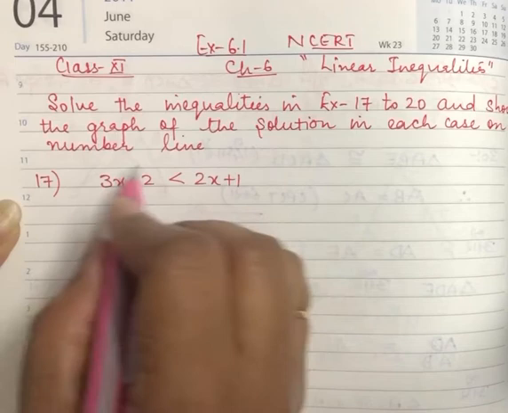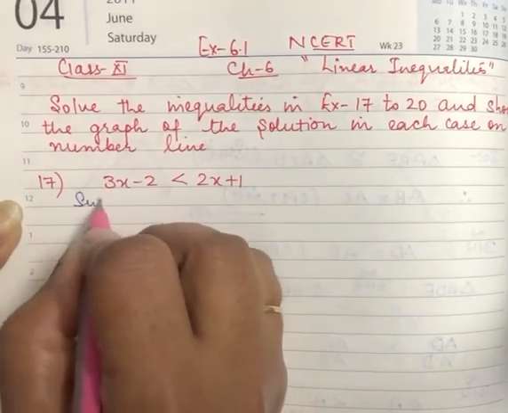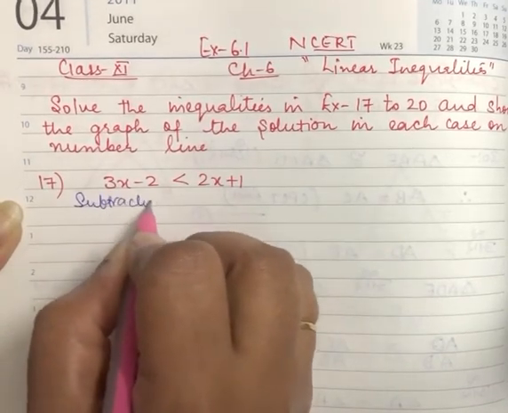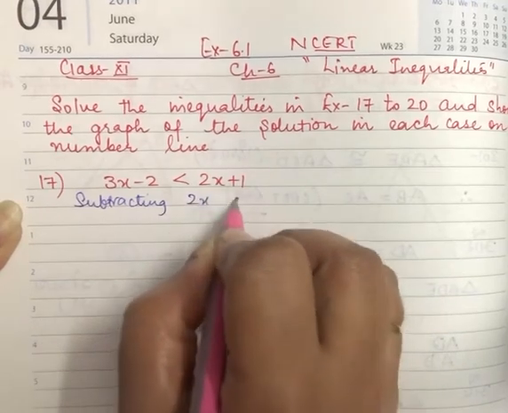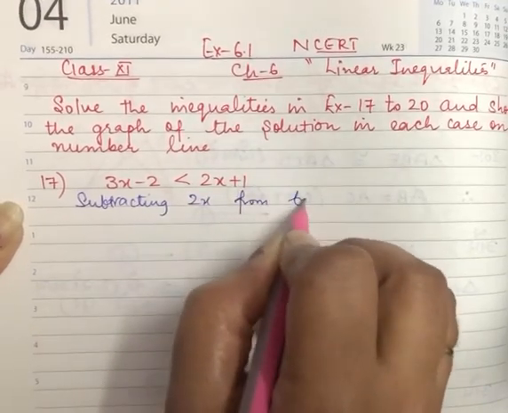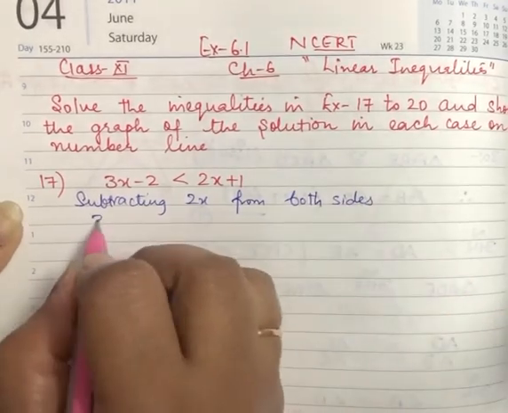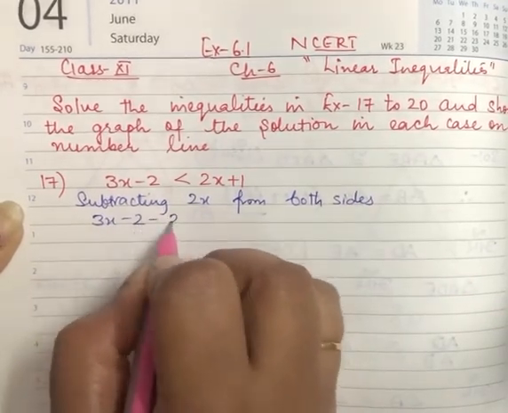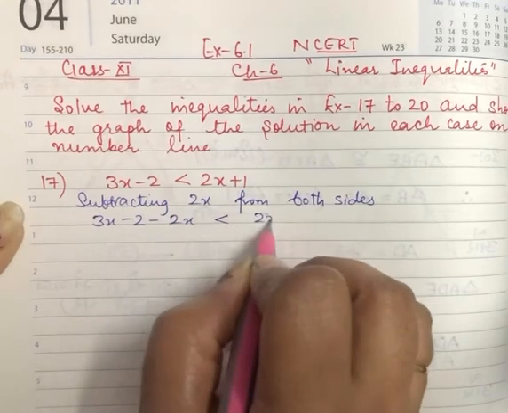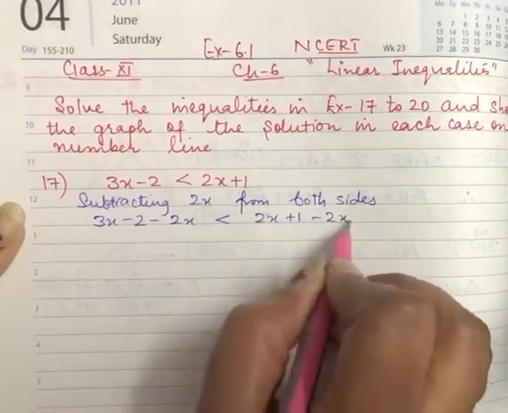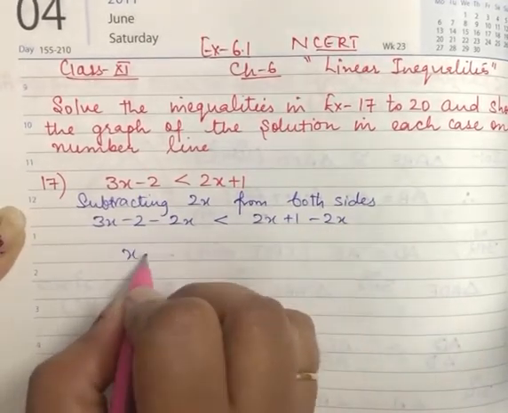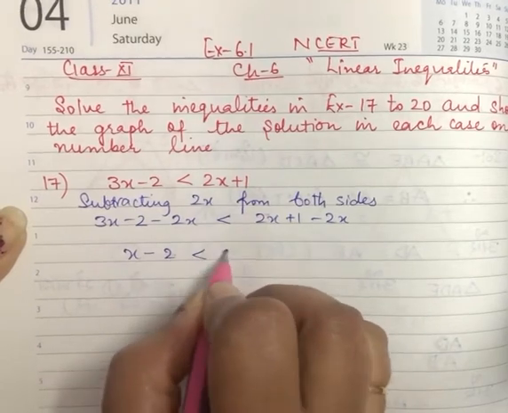So here first of all we subtract 2x from both sides. So what we get? 3x minus 2 minus 2x less than 2x plus 1 minus 2x. So that becomes x minus 2 less than 1.